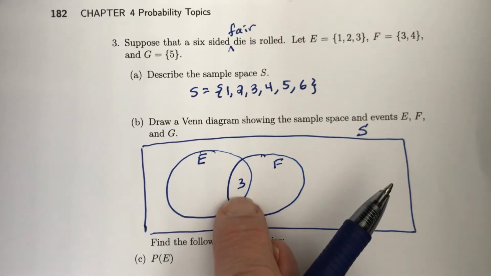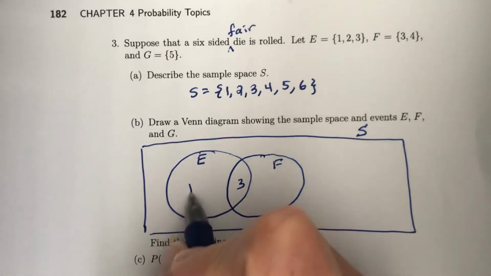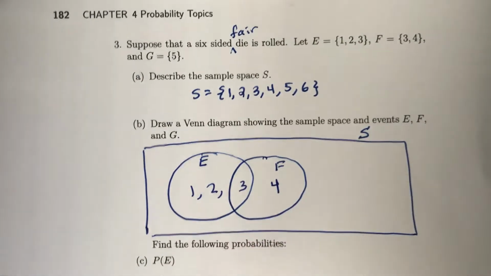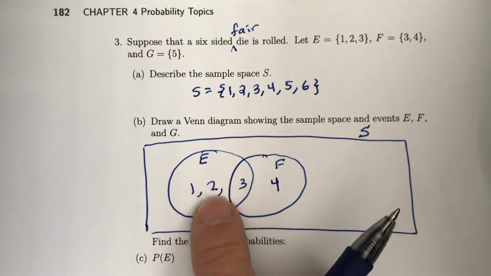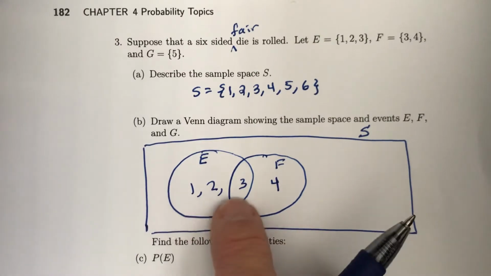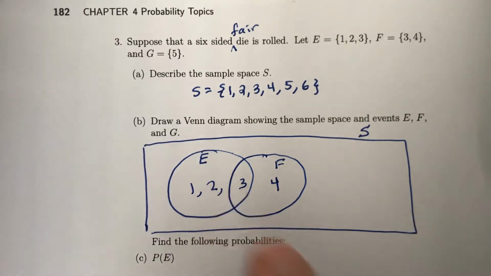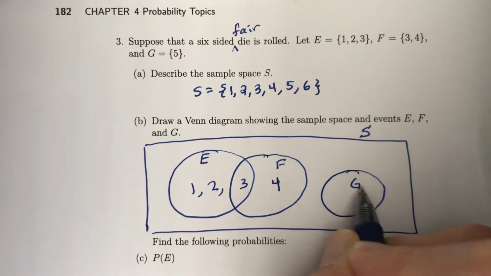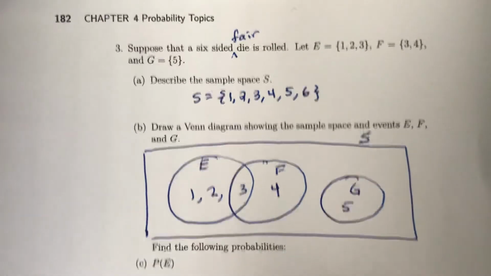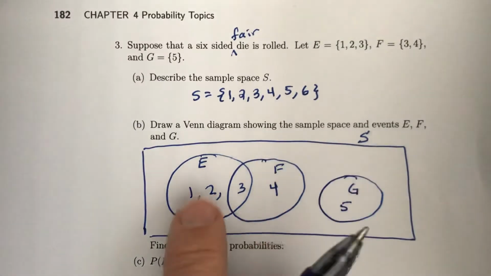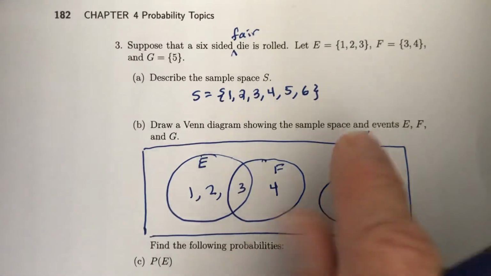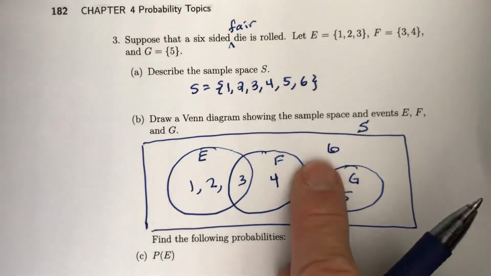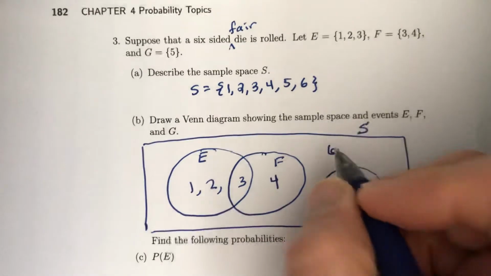So they both have 3. E has 1 and 2 also, and then F has 3 and 4. That's how we can show the set E and the set F. We have to show them so that they have an overlap. And then G does not have an overlap, so for that reason I'm going to put it out there, like I'm showing here. And then S has 1, 2, 3, 4, 5, 6, and 6 maybe I'll put over here. So we still need to have 6, but it's not lying in any of those sets.